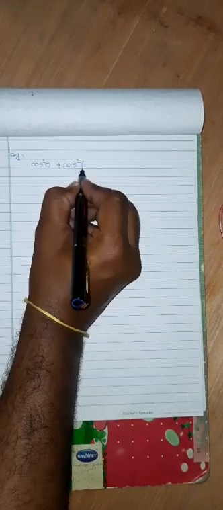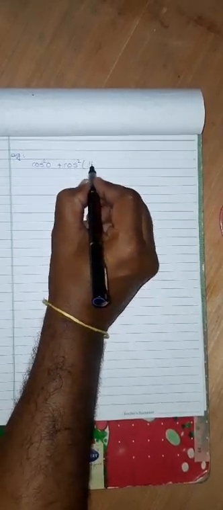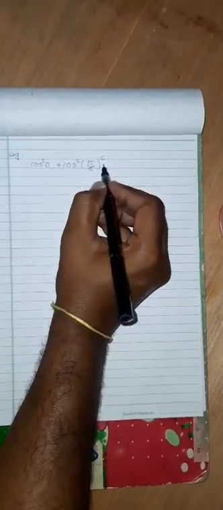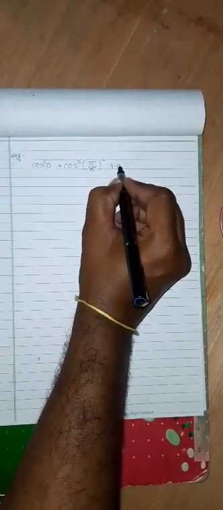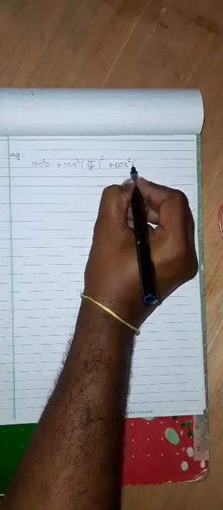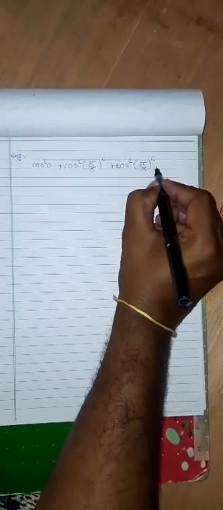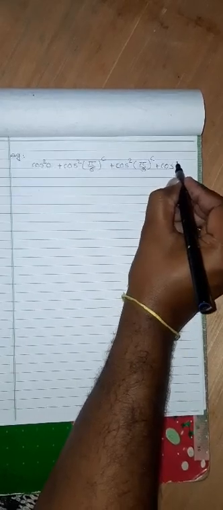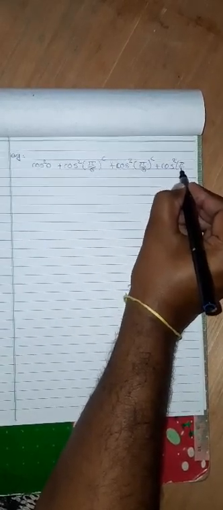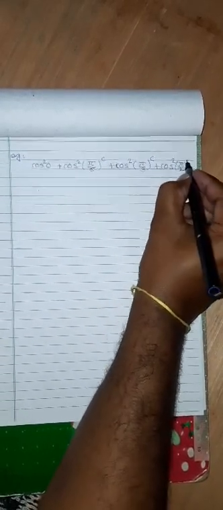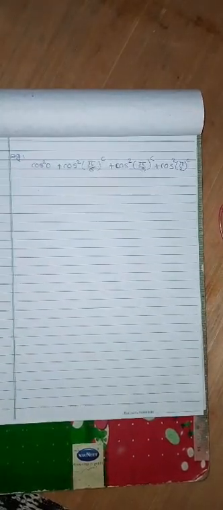cos square 0 plus cos square pi by 6 radian plus cos square pi by 3 radian plus cos square pi by 2 radian, and find the value.